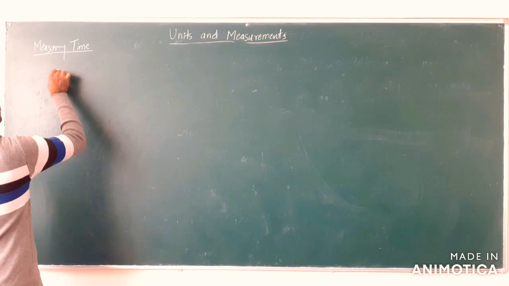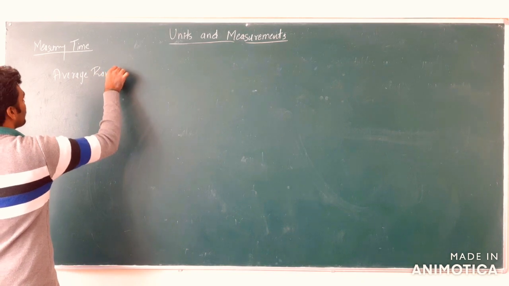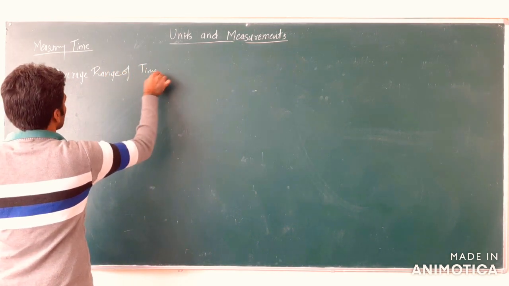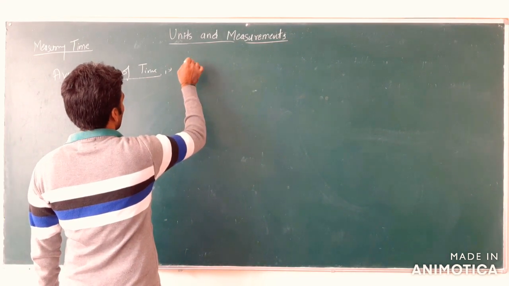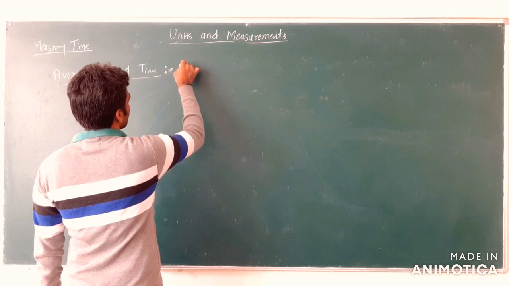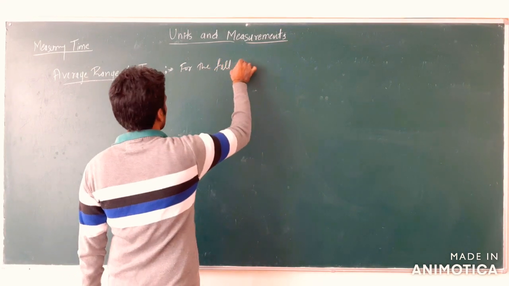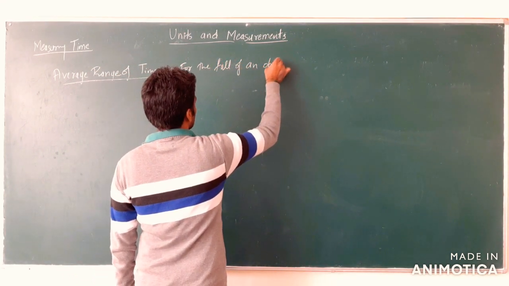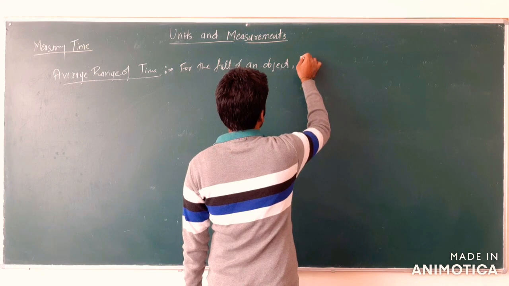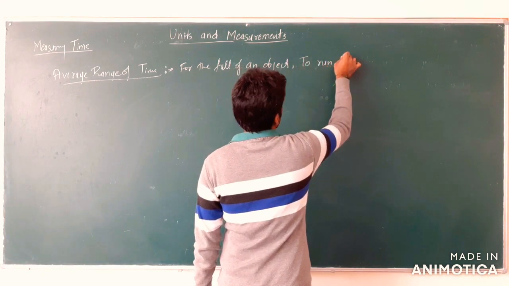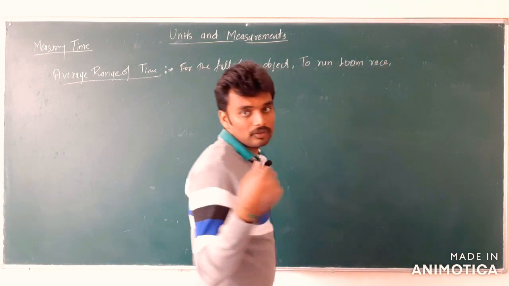So when I take, as usual, average range of time first, the examples for average range of time are: time for the fall of an object, small time, and the time that we take to run a 100-meter race, that's also a time, right?